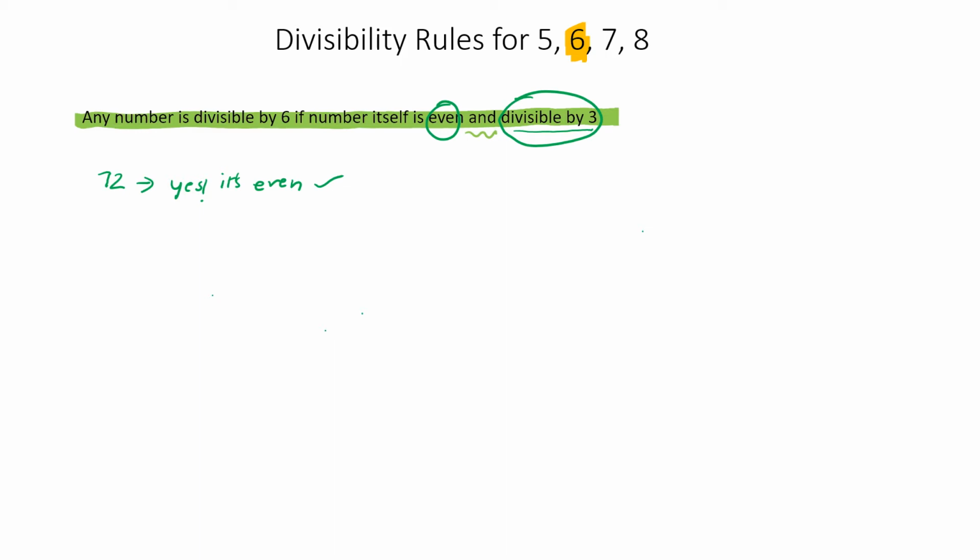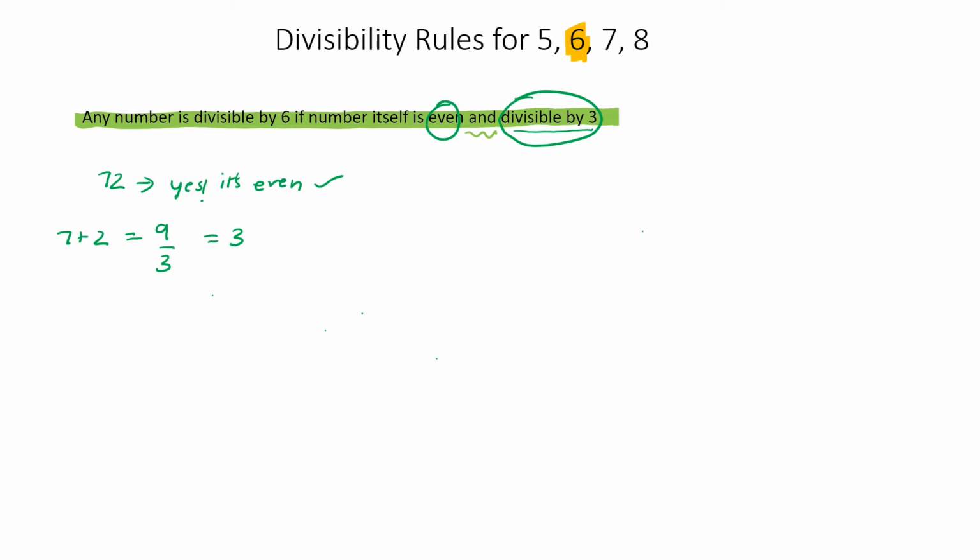As shown in my previous video, where I show how to do the divisibility rule of 3, we have to add all the digits of the number. So 7 plus 2 is equal to 9, and see whether this number is divisible by 3. So 9 divided by 3 is 3, which gives us no remainder.